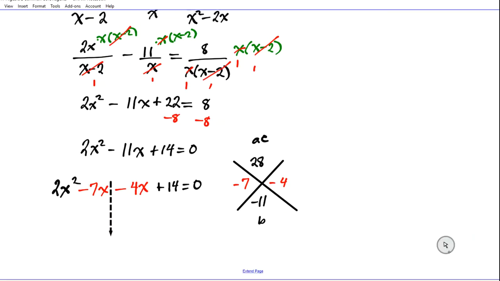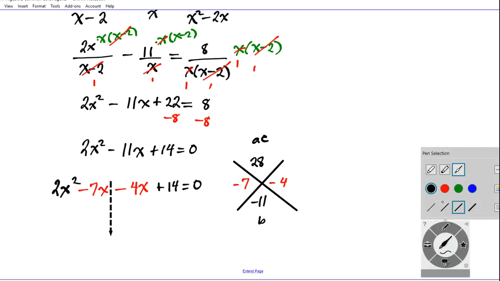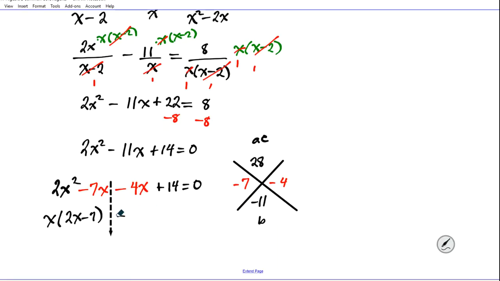From the first two, we can factor out x, and we have 2x minus 7. For the next two, we can factor out negative 2. That's the GCF for these two terms, negative 2. And we have 2x minus 7, factoring out a minus from a plus, the sign changes to minus.